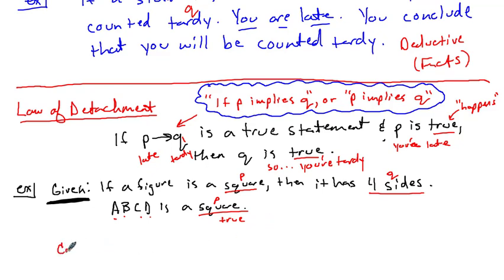Then our conclusion, which is what we write, is that A, B, C, D has 4 sides. And that is our Q. Does that make sense, hopefully? If not, we're going to practice it a lot, so don't worry about that.